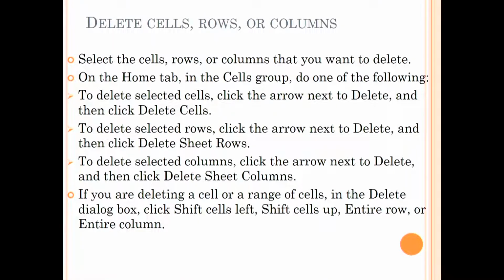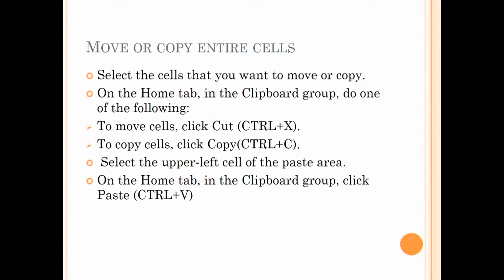Or to delete the selected row, click the arrow next to Delete and then click Delete Sheet Rows. To delete selected columns, click the arrow next to Delete and then click Delete Sheet Columns. If you are deleting a cell or a range of cells, in the Delete dialog box, click Shift cells left, Shift cells up, Entire row or Entire column.